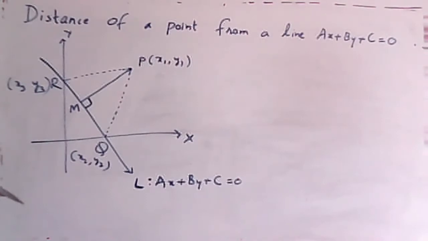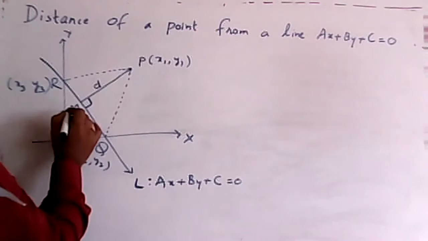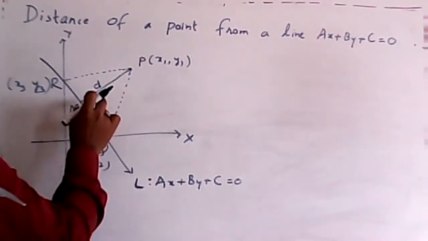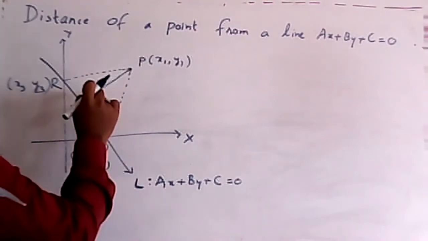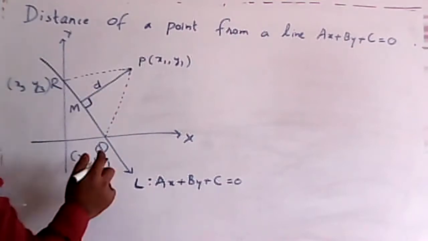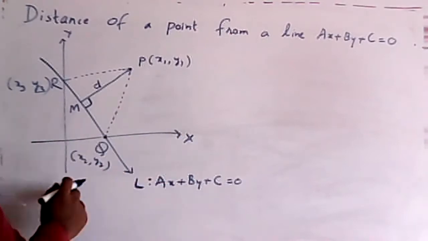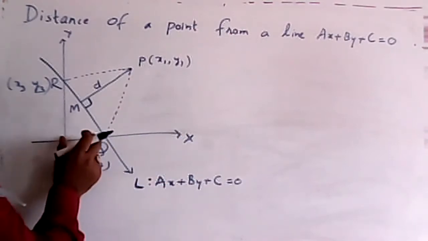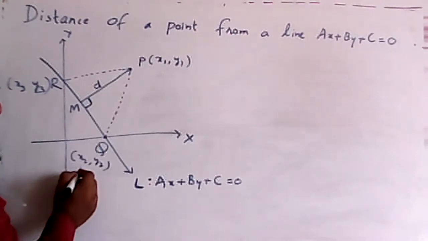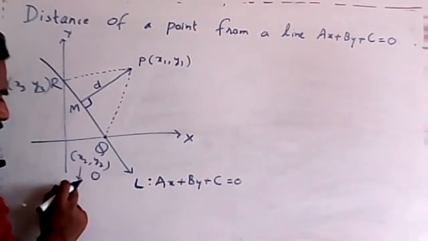Our intention is to find the distance PM, which gives how far the point P is from the line L. See, this point Q is on the x-axis, so only the x measurement will be there and the y measurement will be 0. We have to find x2.